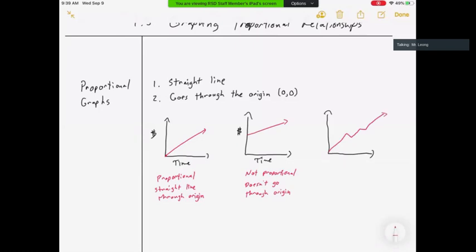First of all, is that a straight line? No, so it fails. That's it. Done. You say not proportional, not a straight line.